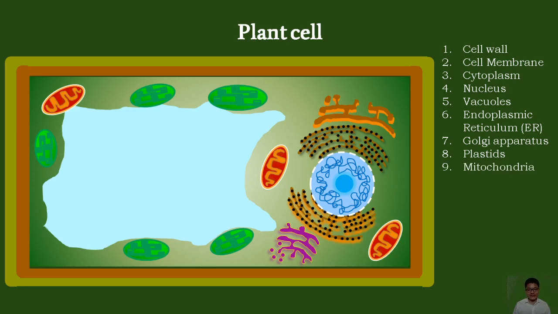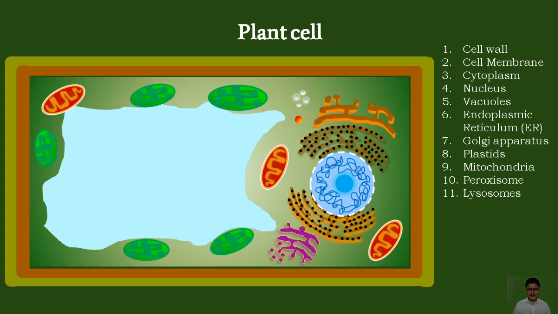We have mitochondria, which are the powerhouse that generates energy in the plant cell. And we have peroxisomes, which break down hydrogen peroxide into less toxic substances.